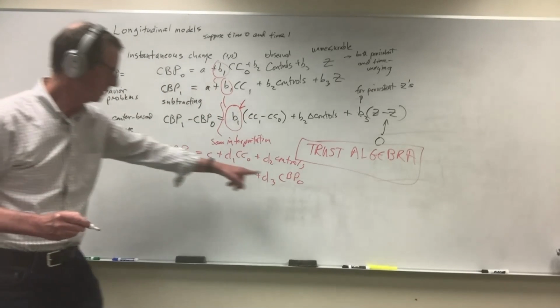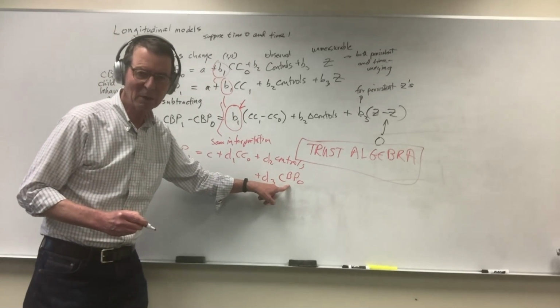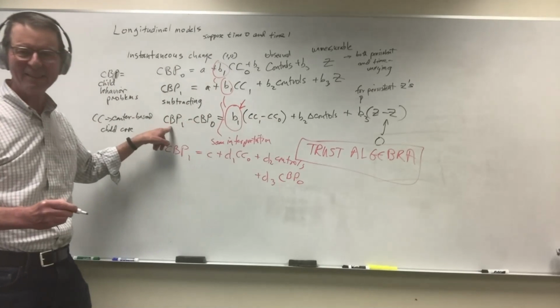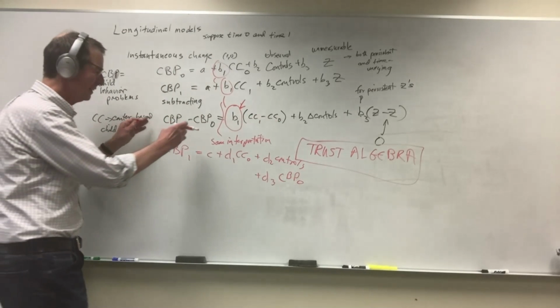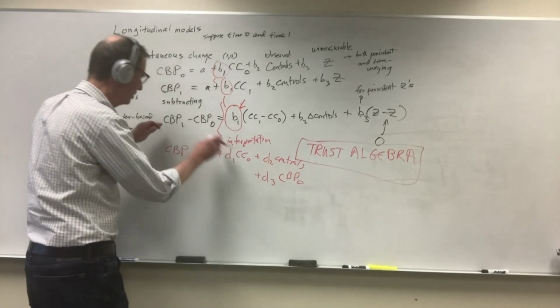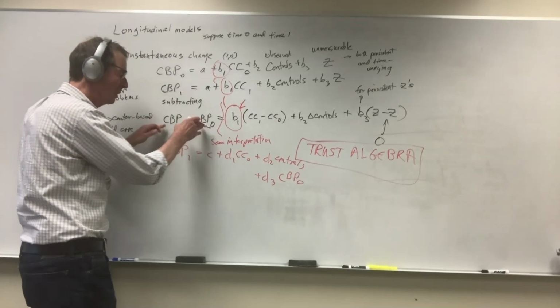You're putting the initial value of the dependent variable on the right-hand side, and that's totally different from this. Here you're constraining this coefficient, not allowing it to be estimated. You're constraining this to be simple change.